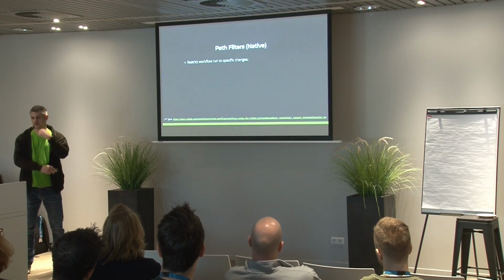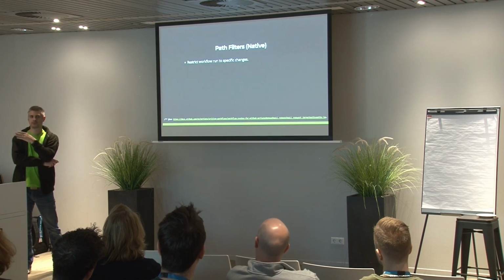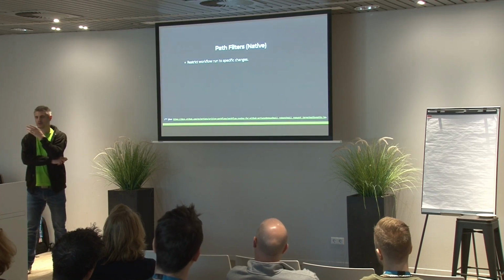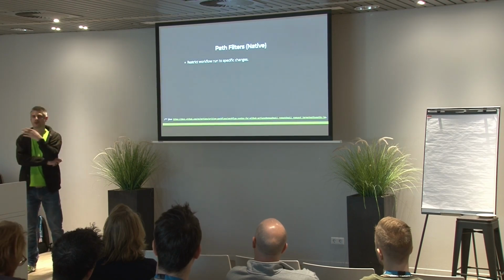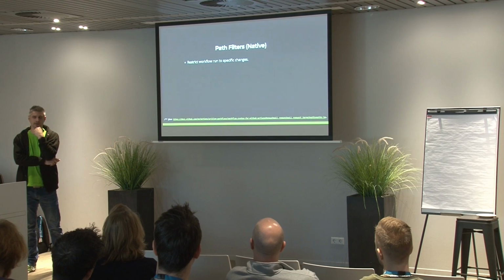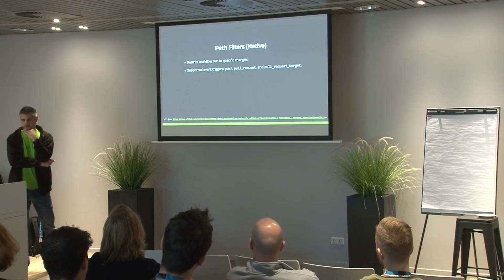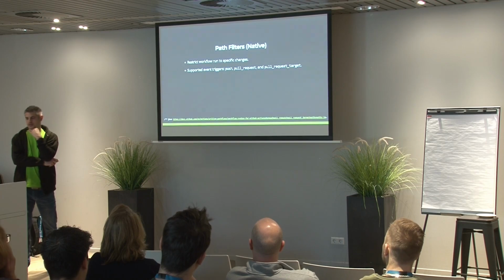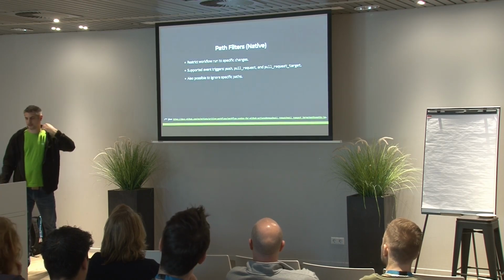Another thing that is great is if you push code and you want to execute specific things, but they only need specific kinds of changes. For example, linting PHP files shouldn't happen if you update the markdown, like readme.md or things like that. These path filters are possible for push, pull request, and pull request target.